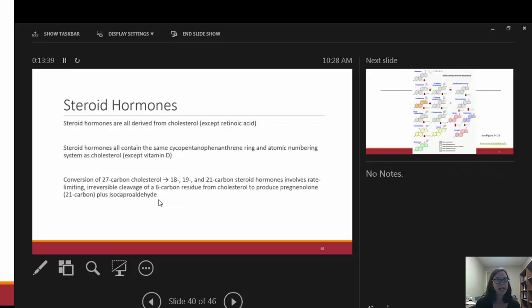Now we're going to shift gears to another product of cholesterol. So we saw that they produce bile acids and salts, but they also are used as precursors for steroid hormones.